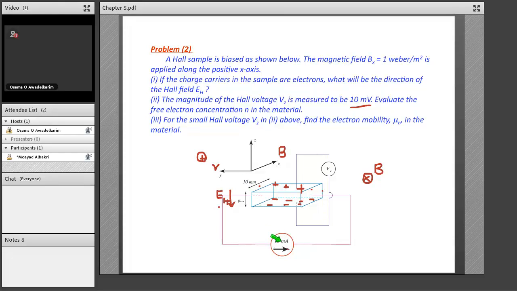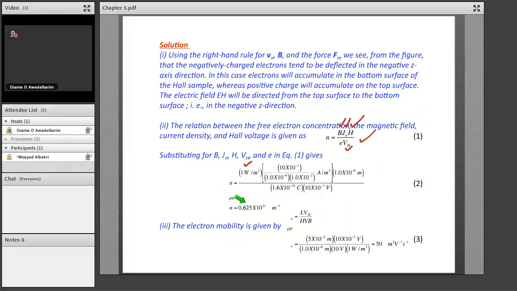So the total current is 10 milliamps, and the area is 10 millimeter by 1 micrometer. So that is exactly what we have here. 10 milliamps divided by 1 micrometer times 10 millimeters. Everything is in meters here. So the current density J is in amperes per meter squared.